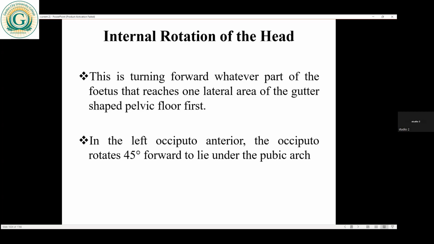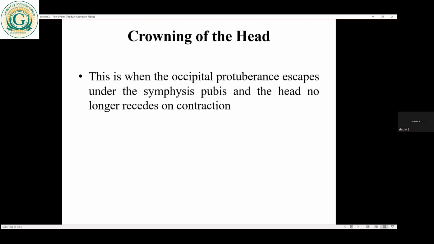Then when you get to the pelvic floor, it rotates. In the left occipito-anterior position, the occiput rotates 45 degrees forward to lie under the pubic arch. And then the head extends.